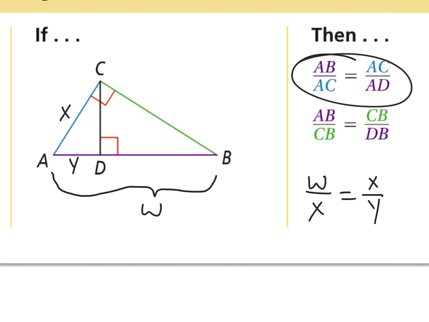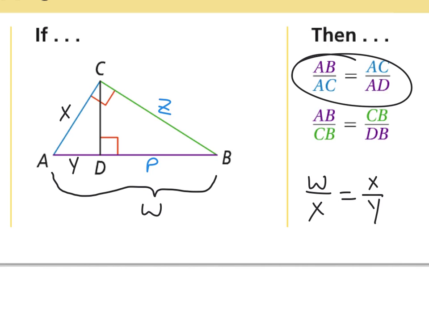And that works in the other direction as well. Again, our entire hypotenuse is W. Let's call this Z and P. Working the other way, notice that Z is the length of that leg, and P is a shorter part of the hypotenuse, but it's adjacent to the leg we're talking about, Z. It's next to that leg.